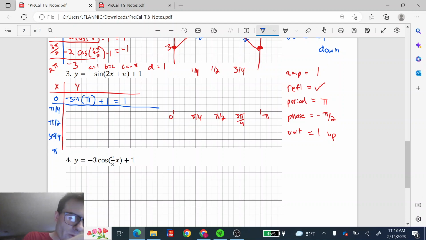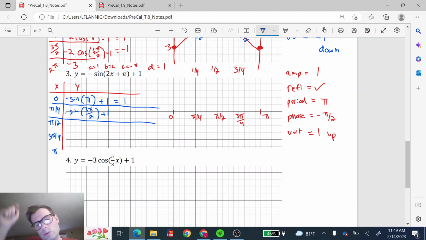Then we have pi over 4. So we have negative sine. So pi over 4 times 2, because we're plugging it in, is pi over 2. And pi over 2 plus pi is 3 pi over 2, plus 1.